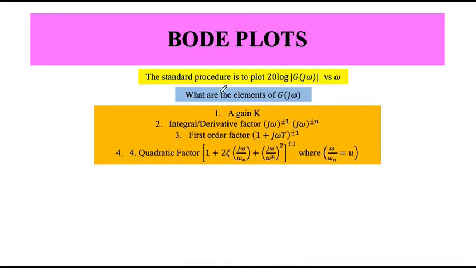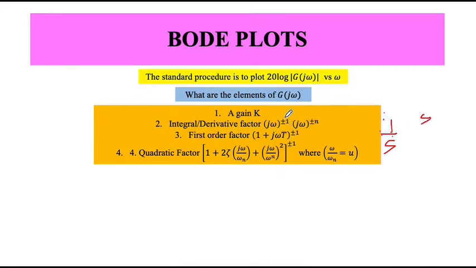The first thing is the gain K. Then there would be integral and derivative factors, where an integral factor means a pole at the origin, and a derivative factor means a zero at the origin.